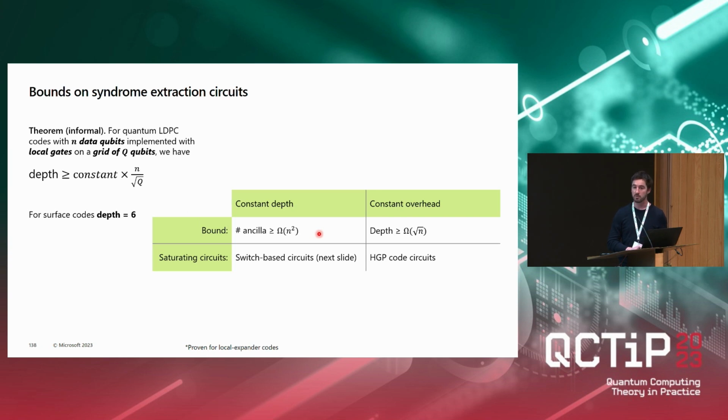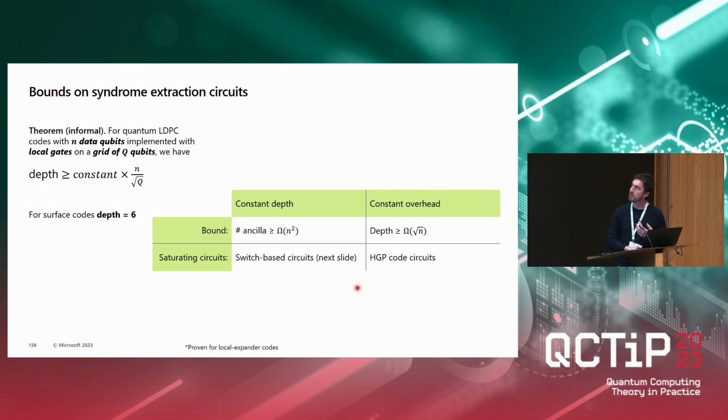And it's bad news. We want a small overhead. We don't want to use many ancilla qubits. The alternative is to say we want a small number of ancilla qubits. Let's say the number of ancilla qubits is linear in the number of data qubits. It's proportional to n. But then this lower bound tells us that the depth is at least the square root of n. So in both regimes, we are in trouble. Either we have a large depth or we need many qubits.